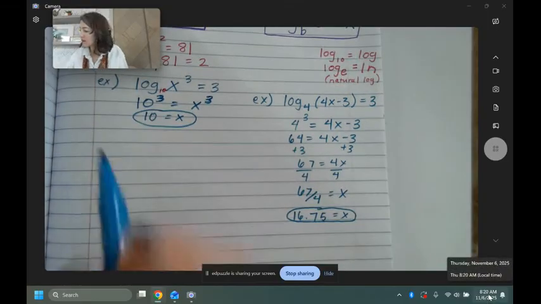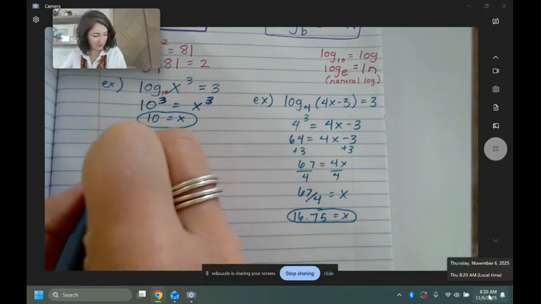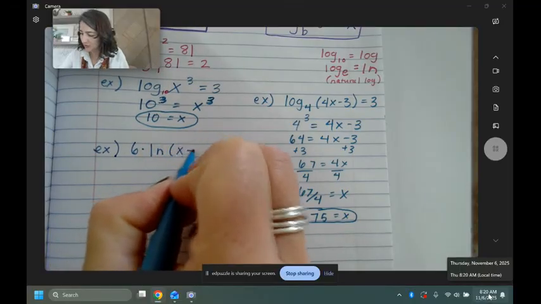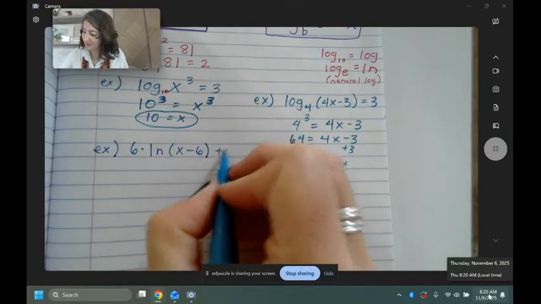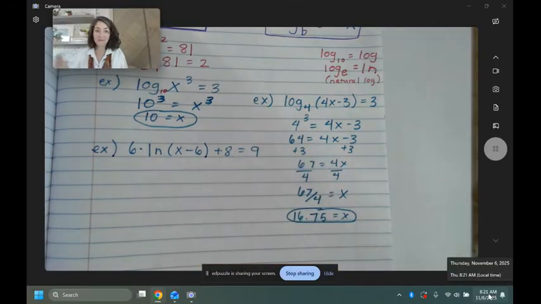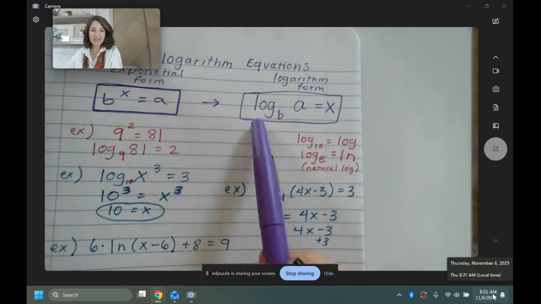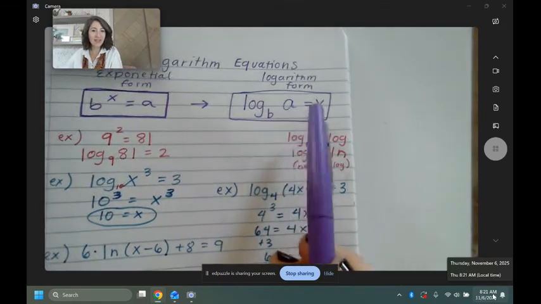Let's see one with a natural log in here. So let's say I have 6 times the natural log of x minus 6 plus 8 equals 9. I'm going to switch colors so this doesn't blend in. Now I only have one log in this problem, but it's not alone. So I want it to look like this, where it's like log base b of a equals something.